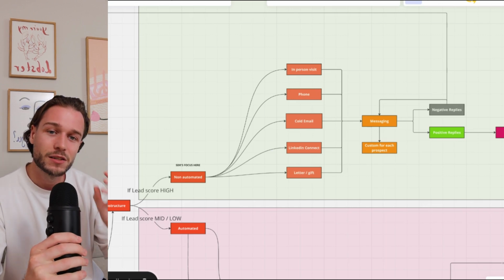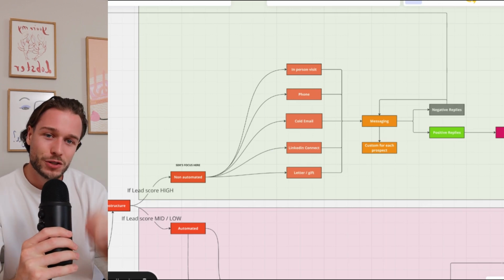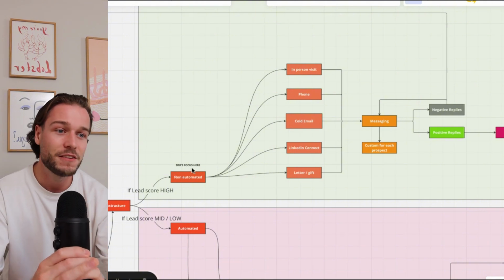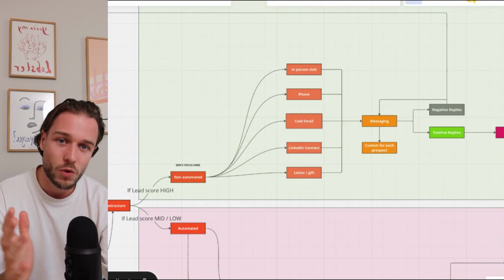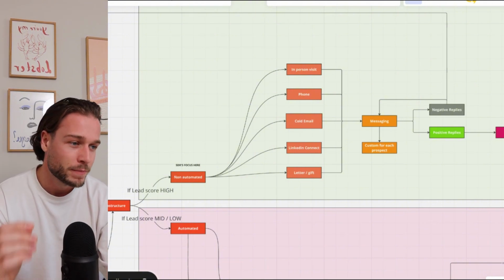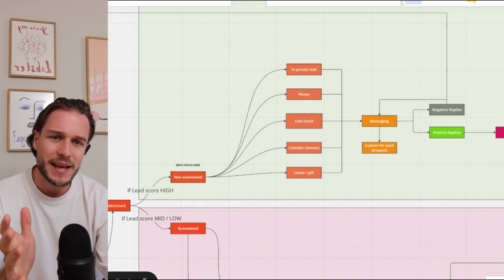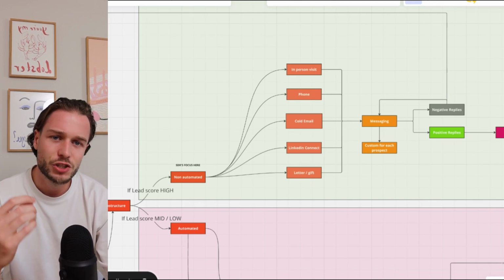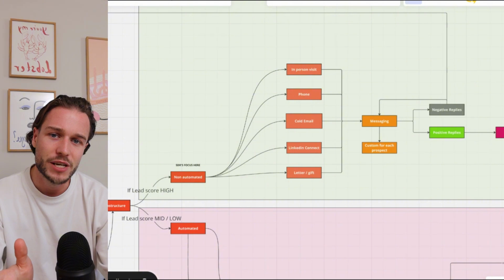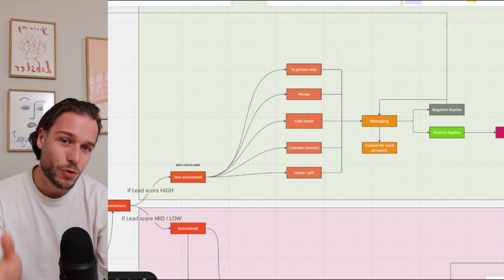And this is where SDRs come in handy so much. This is where the benefit of an SDR in 2024 and beyond is going to come into play, because there is still a lot of space out there for really high touch, relevant, personalized outreach to people that are really good fits for your service.